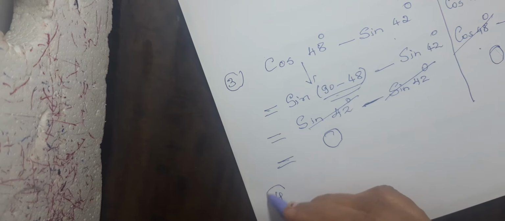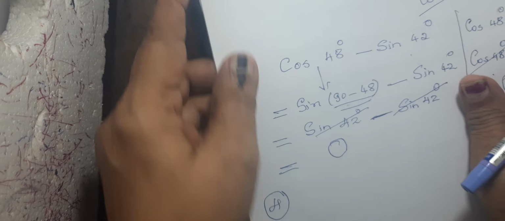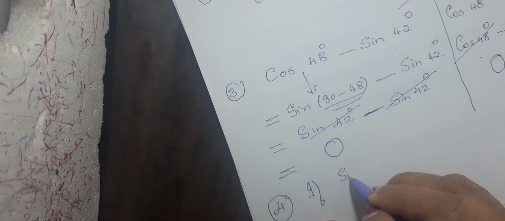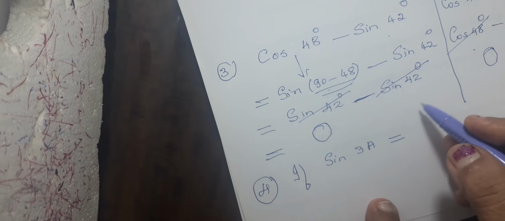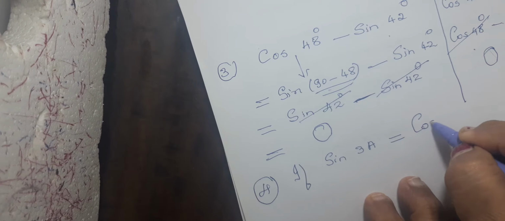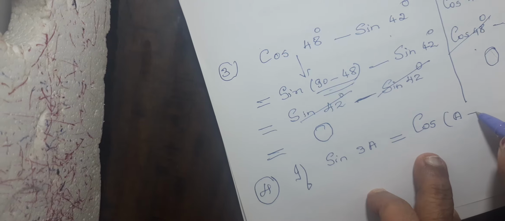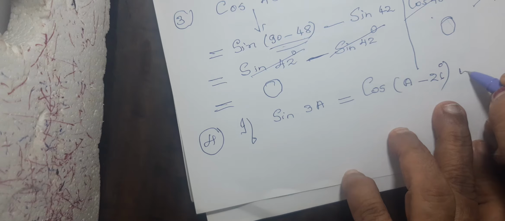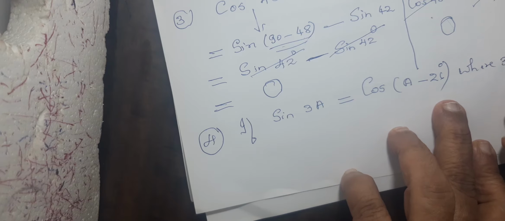Now fourth sum. There are some important sums here also. A little change now. This is a worked example, example 10. If sine 3a is equal to cos of a minus 26 degrees, where 3a is an acute angle.